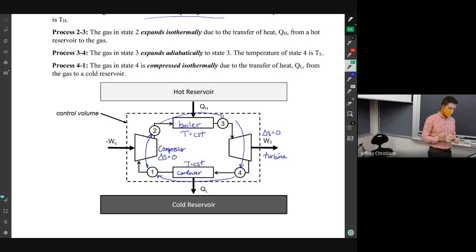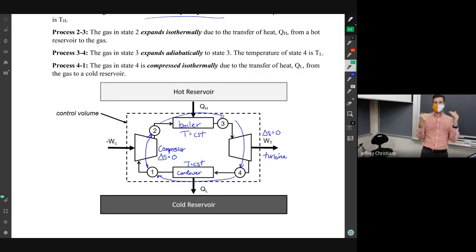All right, so if we look at this system as 2 halves, the cold reservoir is at some temperature we've called T cold. The hot reservoir is at some temperature we've called T hot. To get from 4 over to 1, that was a constant temperature process. This is an ideal process, so that means that it is happening at exactly the same temperature as our thermal reservoir.